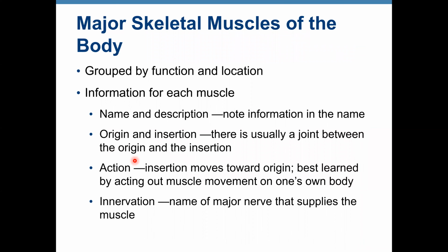We need to know the action of the muscle, what this muscle is going to do. Is this muscle going to adduct, abduct, flex, rotate, or maybe stabilize, let's say, your pelvis? And we need to know innervation. What nerves innervate the muscle, because without innervation, skeletal muscles will not work.